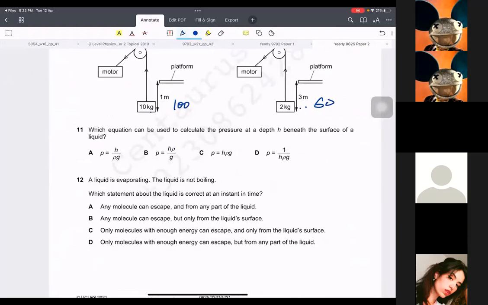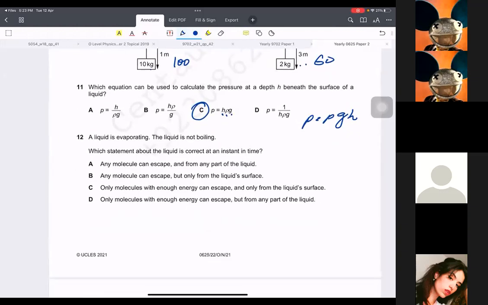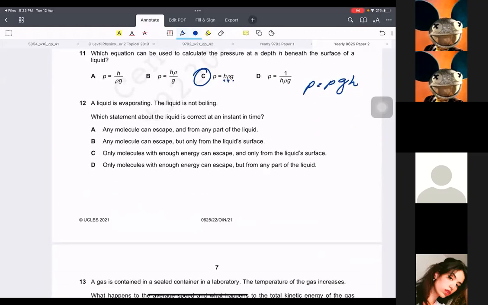Which equation could be used to calculate the pressure at depth beneath the surface? Pressure equals rho g h. How clever they are, right? They literally just switched rho in the center. My God. The liquid is evaporating, the liquid is not boiling. Which statement about the liquid is correct?